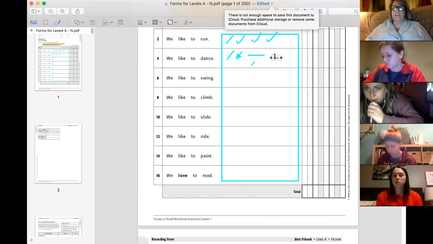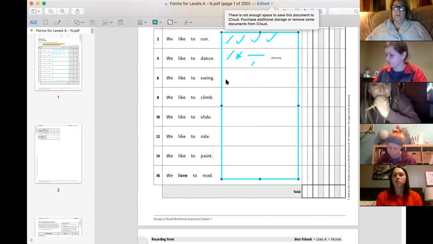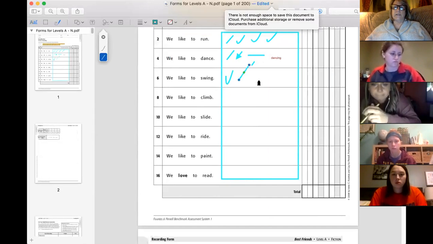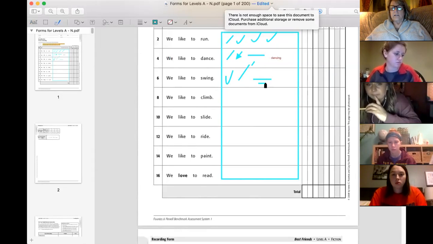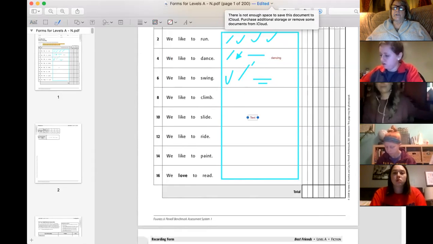We like dancing. So she's got 2 errors here. We like swinging. What, swinging, put swinging over here. And then she gets everything else correct. So let's say she has 4 errors.